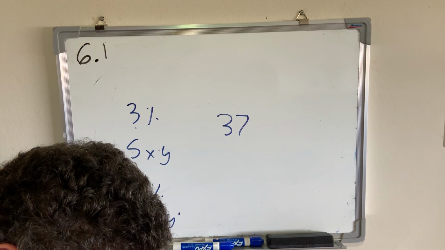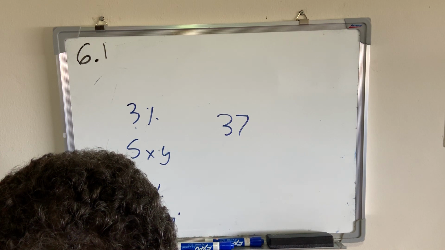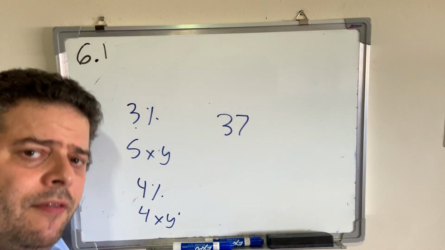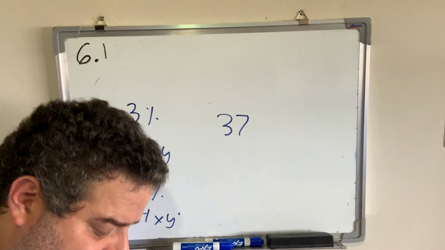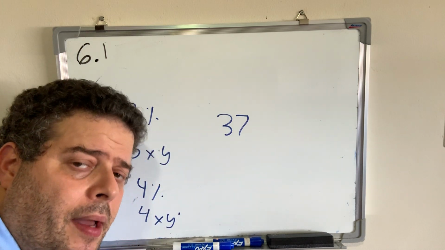Please do number 39. And please do number 40. Now note, I'm going to give you a couple of tips. 37 is compound interest rate because it tells you they're compounded.